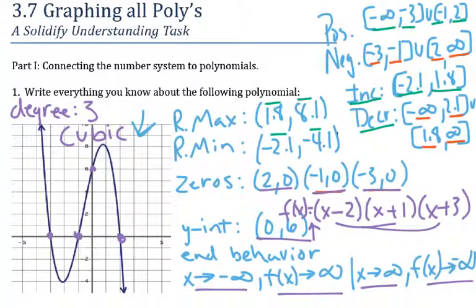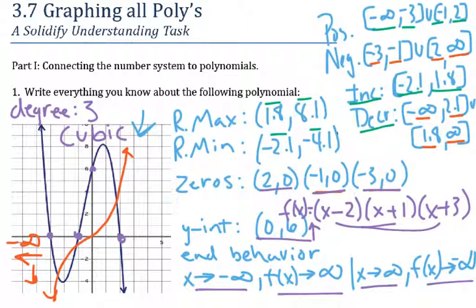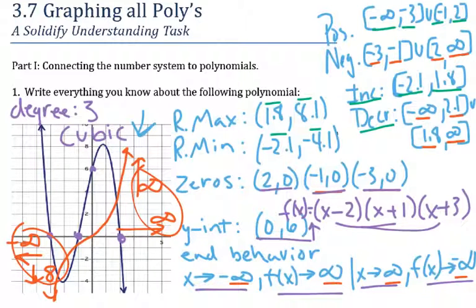The way to remember what it normally is, when we've got just the x cubed, it's normally like that. As we go to negative infinity, we go to negative infinity. As we go to positive infinity, we go up to positive infinity. So they're the same. Okay, are ours the same? No, they're opposites, which means it's a negative.